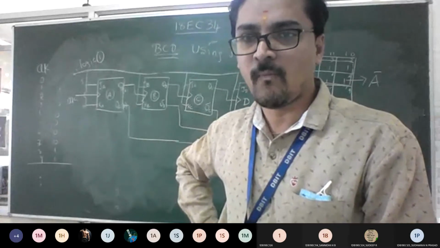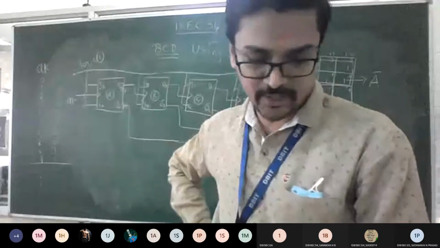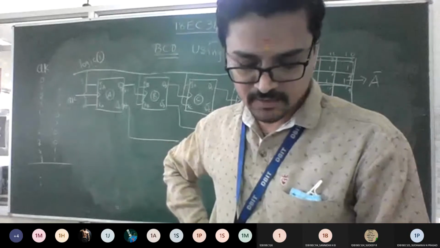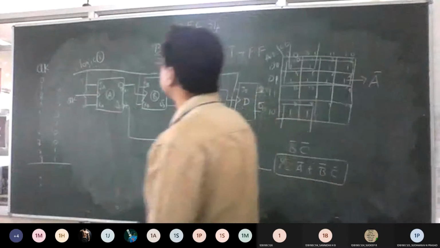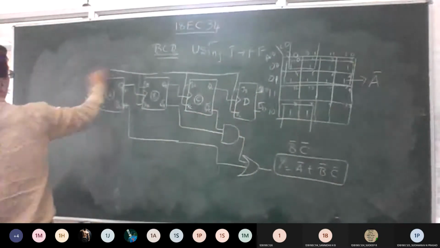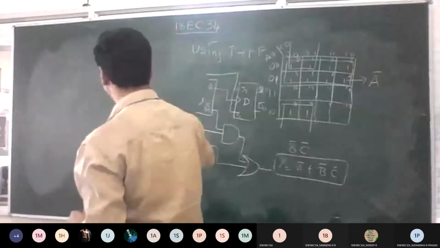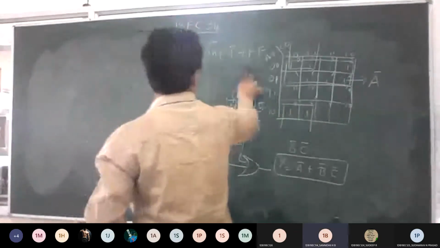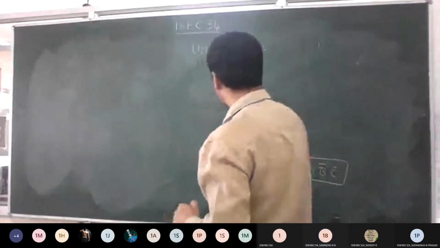Shall we move on? Yes, sir. Okay. So write the question, written already. So what is the first step now? Same procedure. So what is the mod counter they have asked for? What mod counter? Mod 5 or mod 4 or mod 6? Mod 6. So it means you can count from where to where?